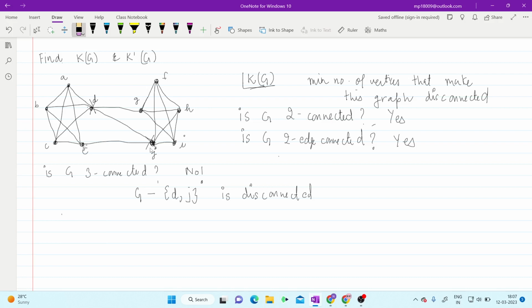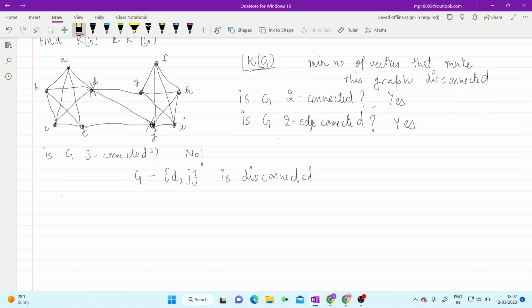So if we remove D and J, what is the graph that we are left with? We are left with A, B, C, E in one component, and G, F, H, I in the other component.